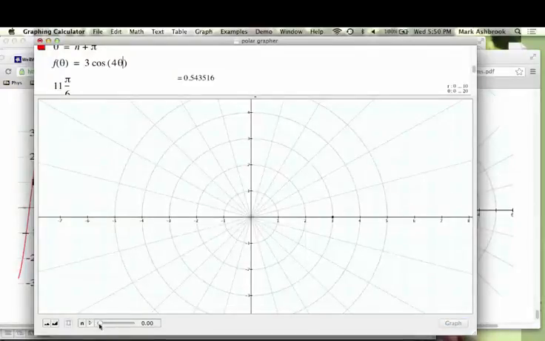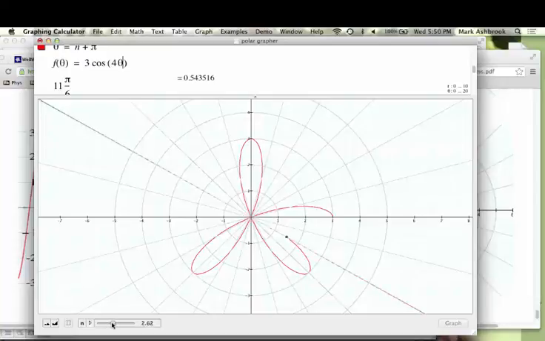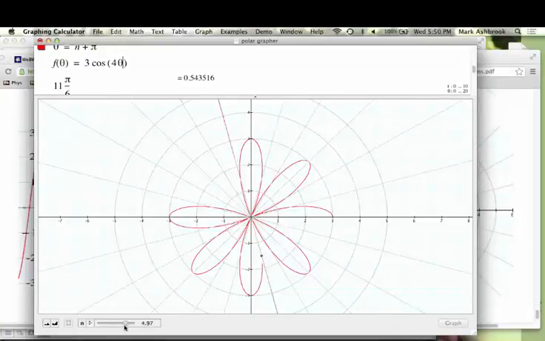Here goes. So there's to pi, and then the second half. So notice they don't cross except at the pole.